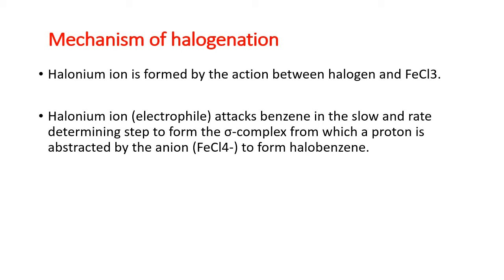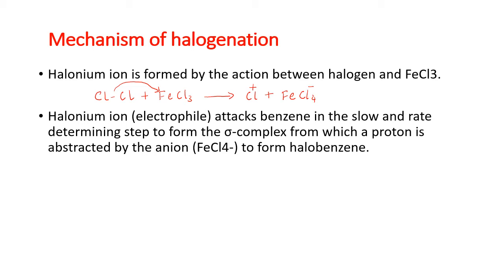For example, when chlorine is treated with ferric chloride, as ferric chloride is a Lewis acid, it accepts a Cl-, so we get Cl+ chloronium ion plus FeCl4-.